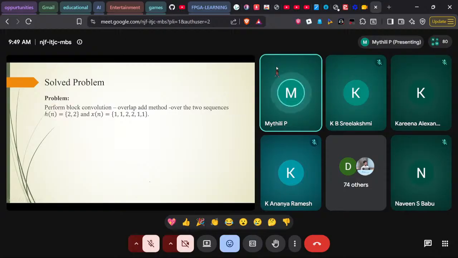So normally, if you are not asked to perform block convolution, how will you do this? You have 6 samples here, 2 samples here. So 6 plus 2 minus 1, 7.